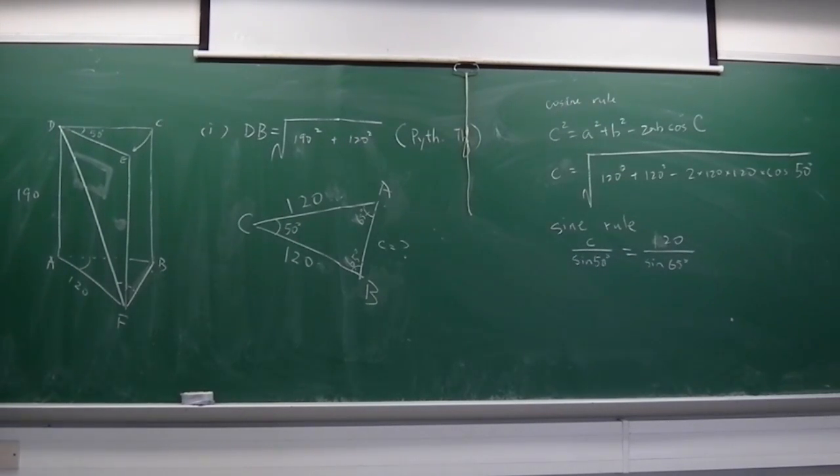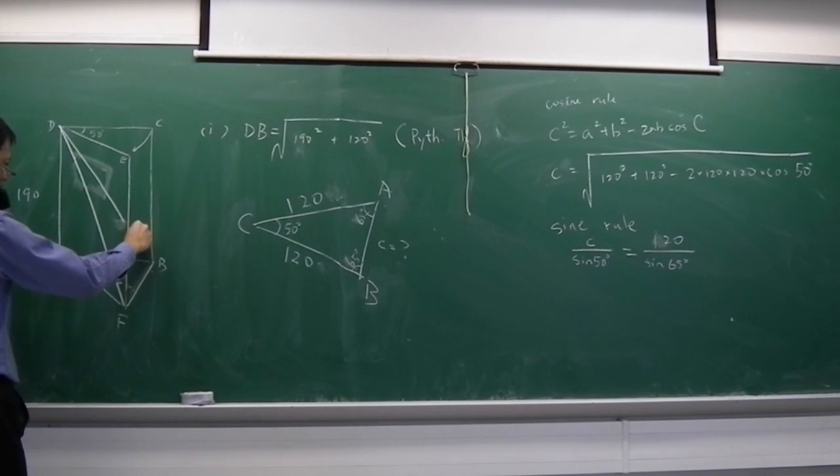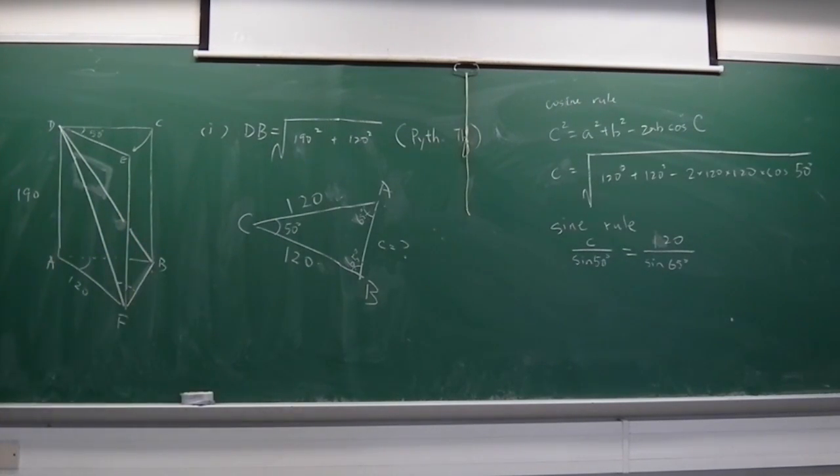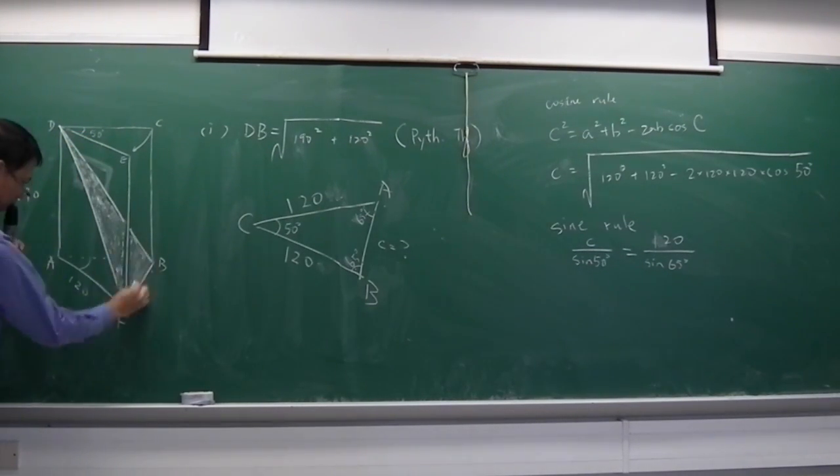Now, can you see the triangle formed by BDF? Now, I draw a straight line here, which is this part, and I shade it. This is an imaginary triangle. Of course, it does not exist between dots.